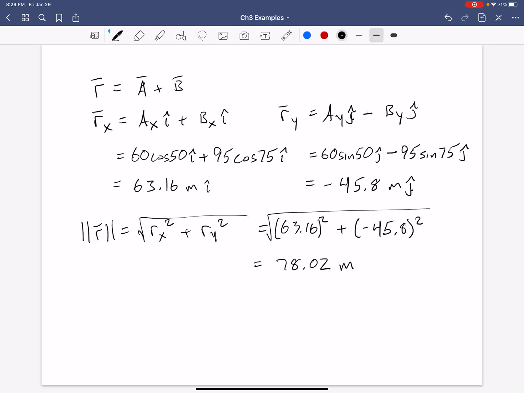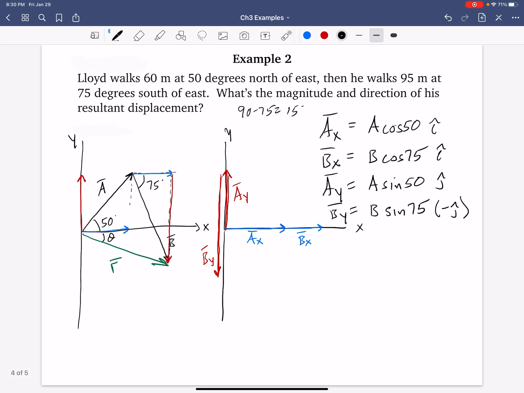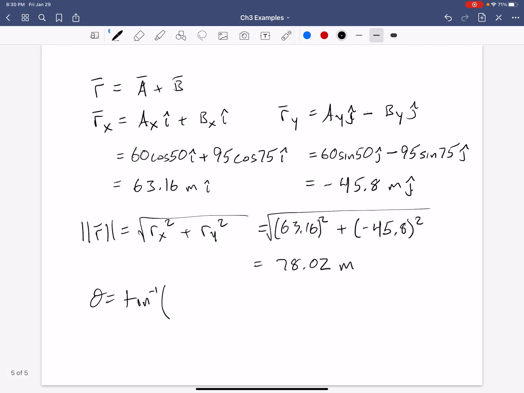Now we need the angle. And like before, we just use inverse tangent, right? Since we know both the x and y components, we can do this. But which is on top and which is on the bottom? Well, because we specified this angle right there, actually, let me draw that over here.